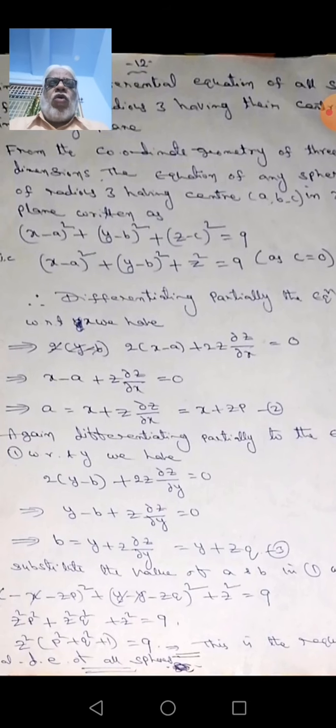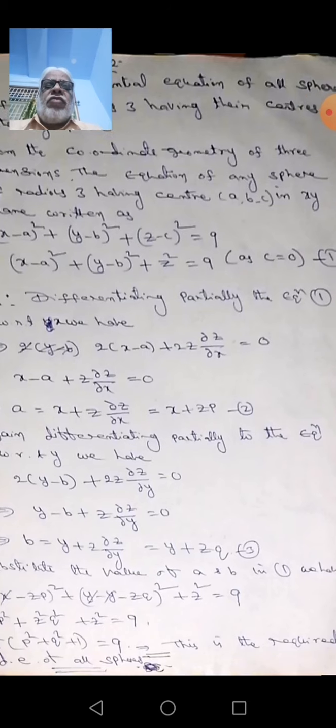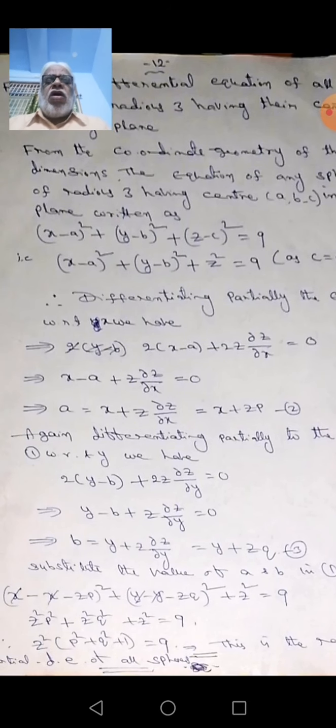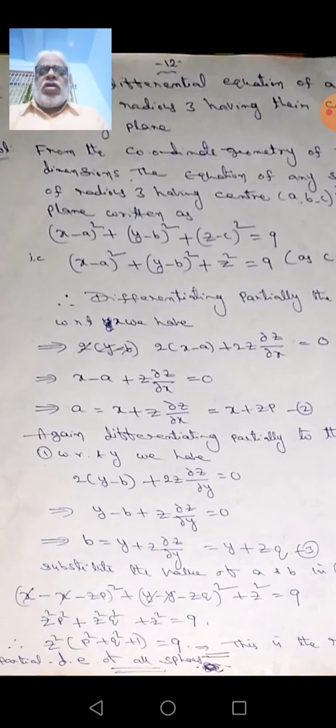From the coordinate geometry of 3 dimensions, the equation of any sphere of radius 3 having center a, b, c is written as (x minus a) whole square plus (y minus b) whole square plus (z minus c) whole square is equal to 9.